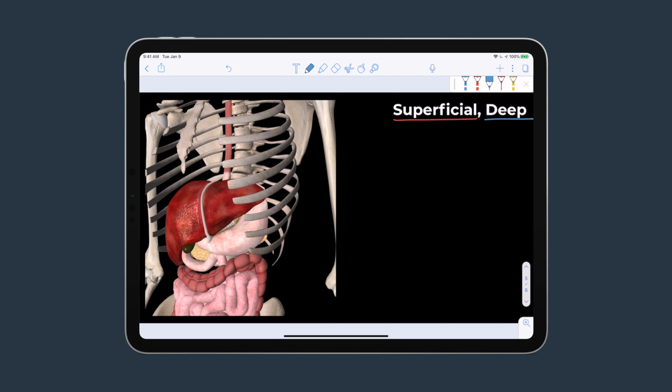So superficial means towards the surface of the skin. So superficial, I see the S here, and I think skin, so it's superficial. And then deep, being the opposite of that, just means deep inside the body.